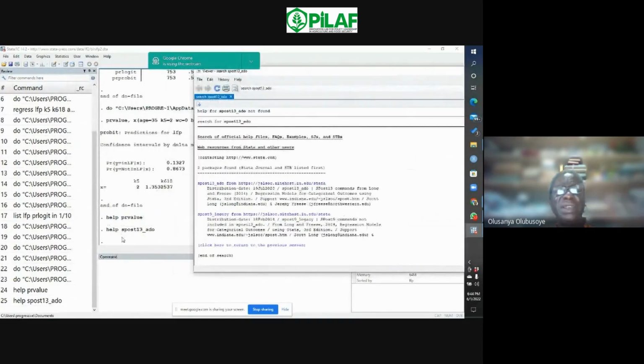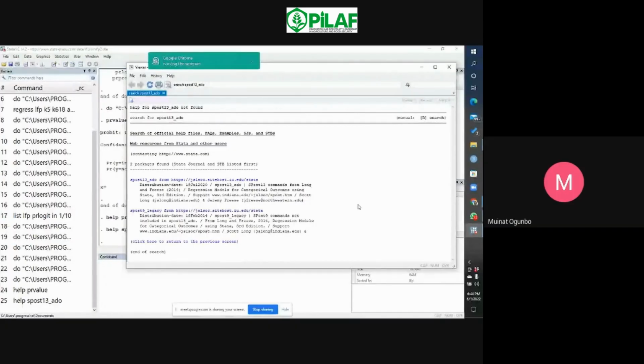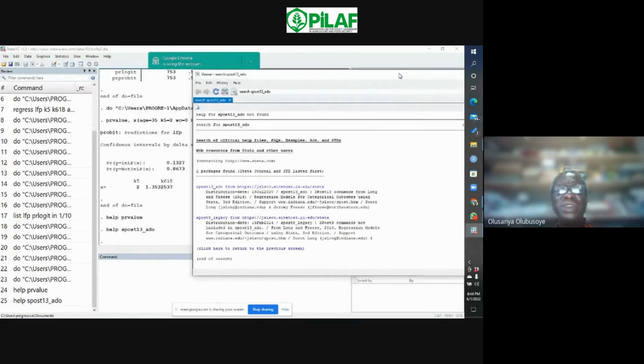Can you see help s post 13_ADO? Help space s post 13_ADO. Can you see it? You have blocked it with the window menu. Okay. We can see it, Prof.